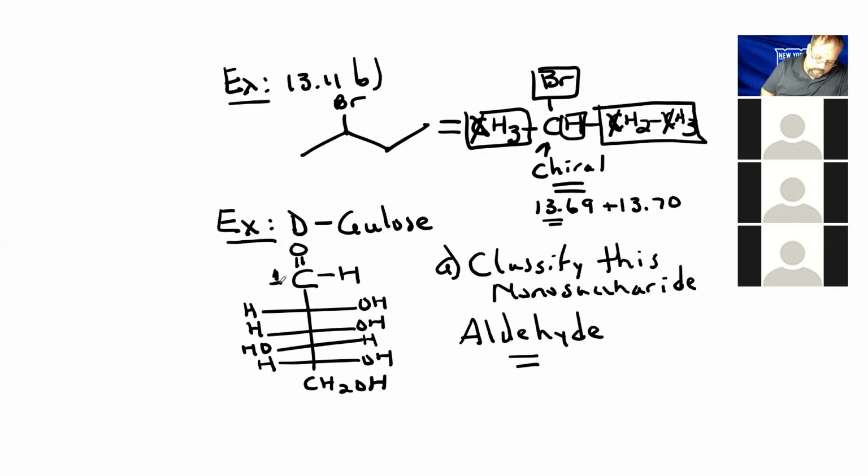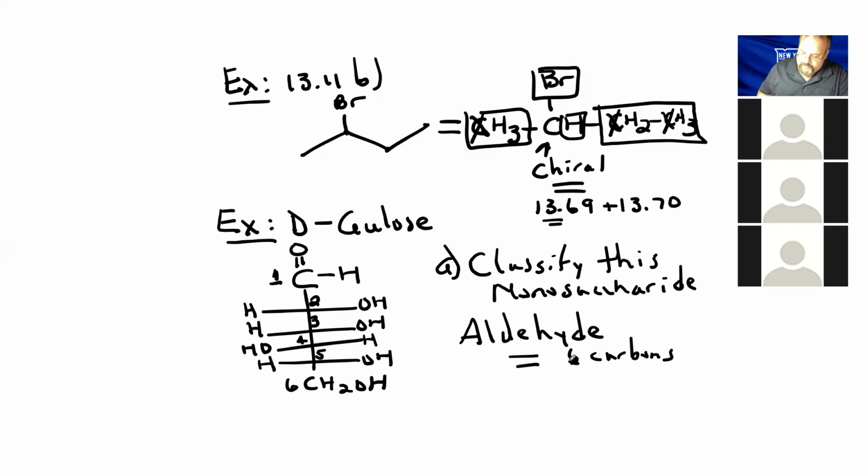You have 1, 2, 3, 4, 5, 6. Remember, in a Fischer projection for a monosaccharide, the carbon chain is written vertically with the carbons where the lines intersect, the chiral carbons essentially. So you have a 6 carbon chain. So you have an aldehyde that has 6 carbons.